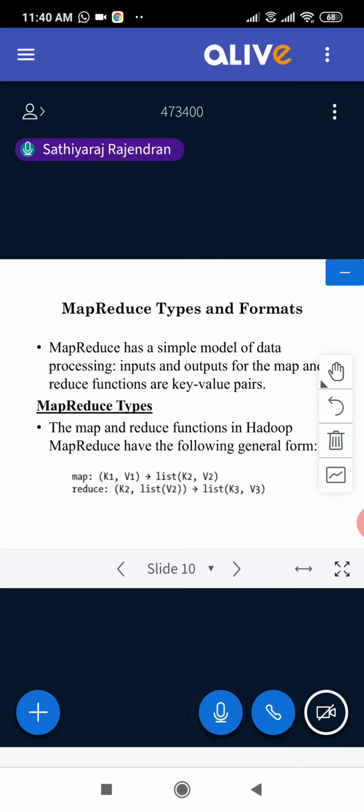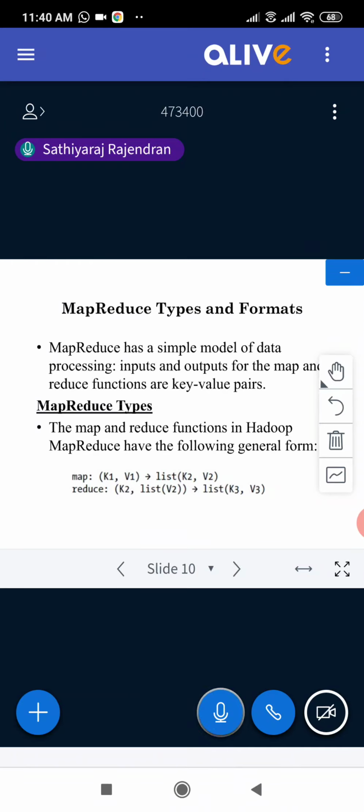Here you can see map k1 comma v1 implies list of k2 comma v2. It is the most general form of using key and value in MapReduce. You can have a list which has a set of key and values, which we will see in the next slides. And for reduce, you can see k2 comma list of v2.